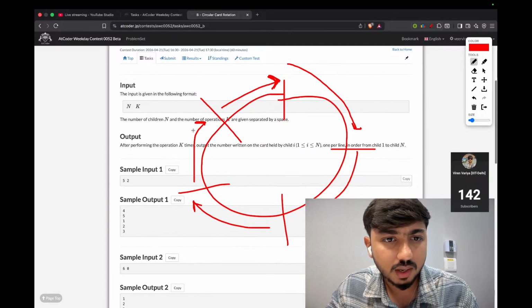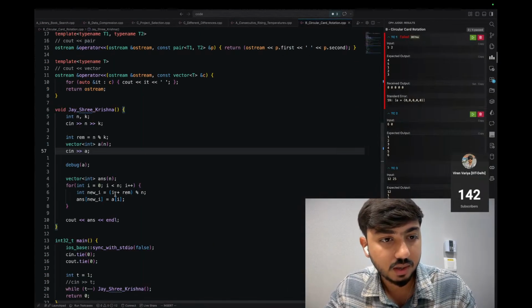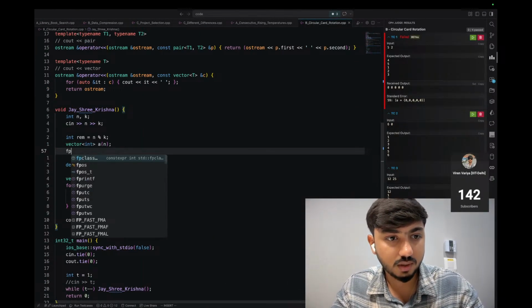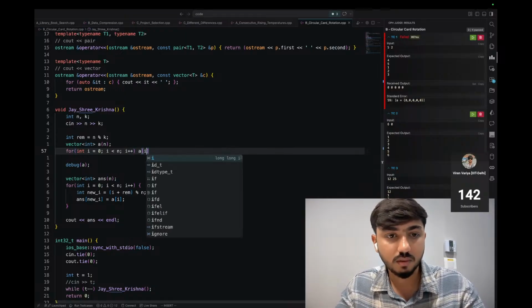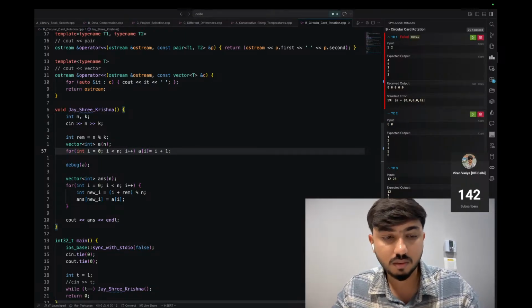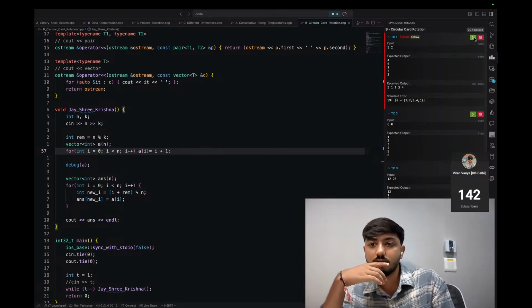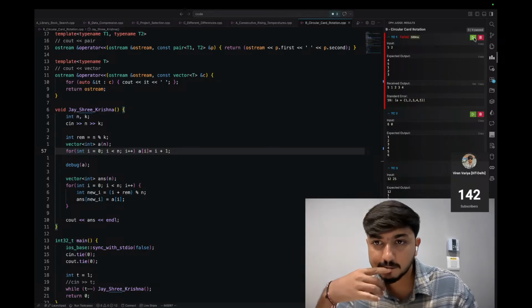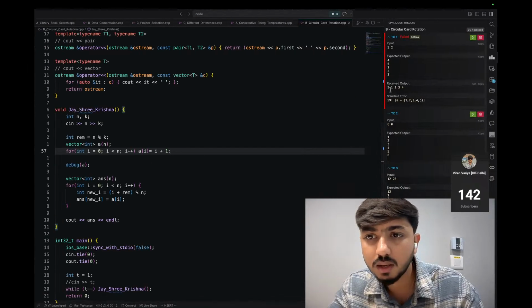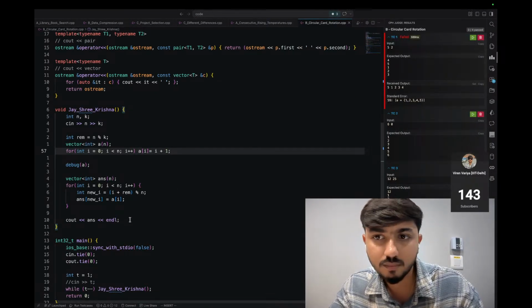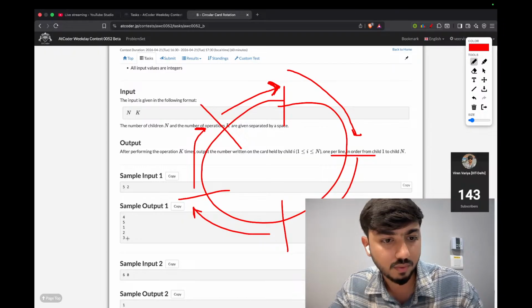N and K. A is just a number array. For example, 5, 1, 2, 3, 4.